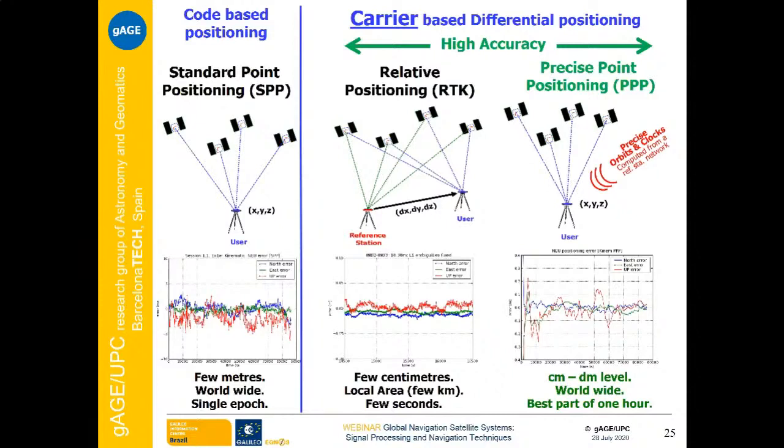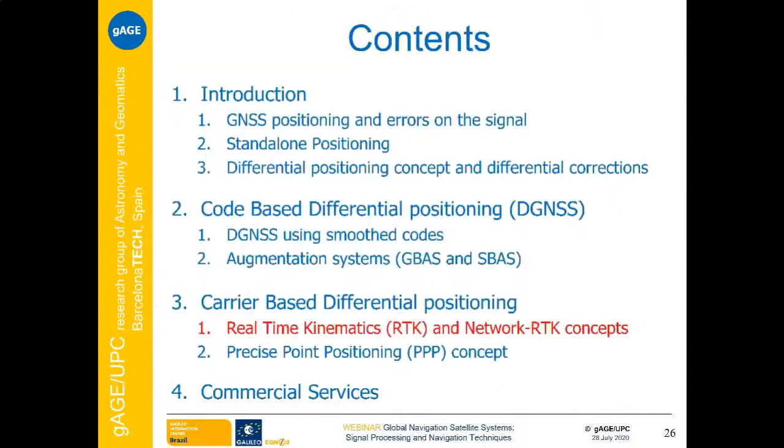We can achieve this highest accuracy, but there is a limitation in the baseline. There is a limitation between the distance between reference station and user. For PPP, we achieve centimeter to decimeter level accuracy, but worldwide. There is no limitation in the user location, but it takes longer to converge.